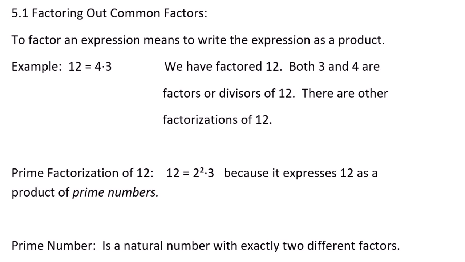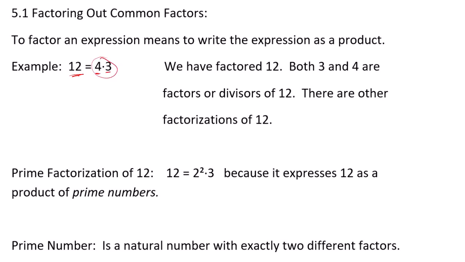Okay, so when we talk about factoring out common factors in this lesson, first of all, to factor an expression means to write an expression as a product, right? So here 12 we can factor it and write it as 4 multiplied by 3, right?